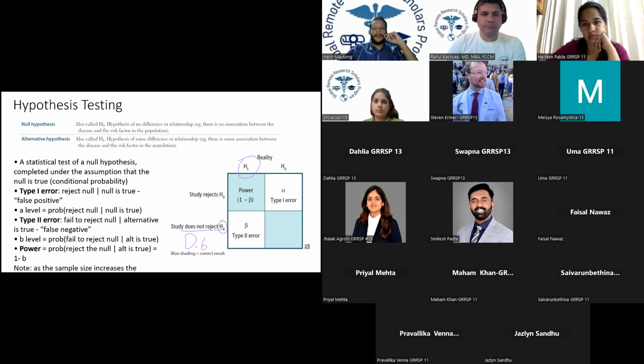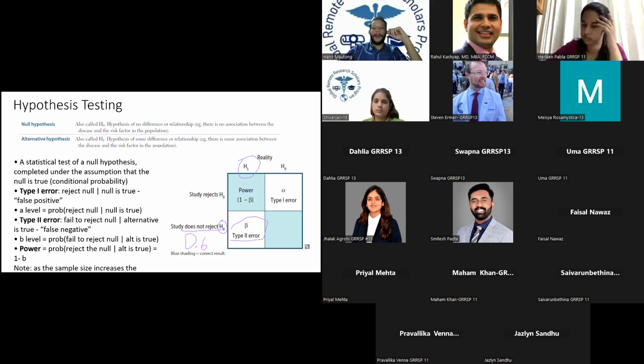So you incur the type 2 error, also called beta. So beta is basically the probability to fail to reject the null when you were supposed to reject it, but you accepted it because your p-value was not significant. And in reality, the alternative was the correct one, the true one. So this is type 2 error, also called beta.